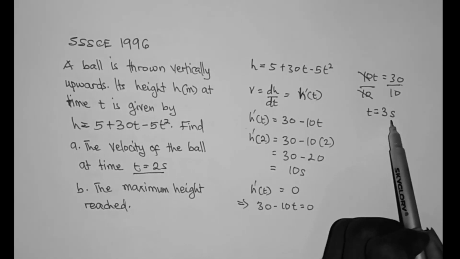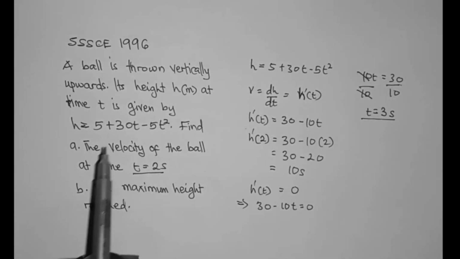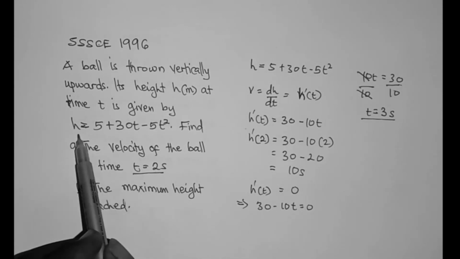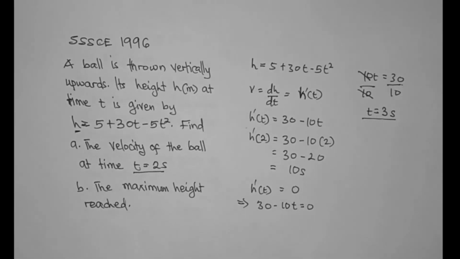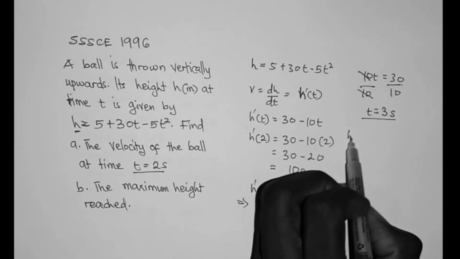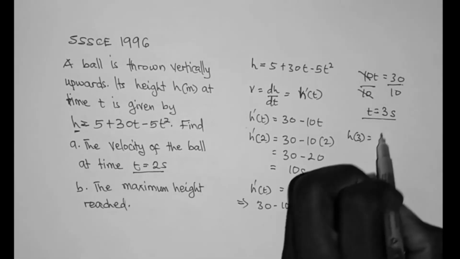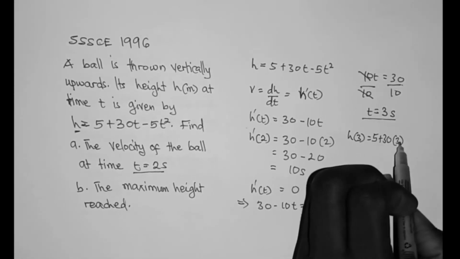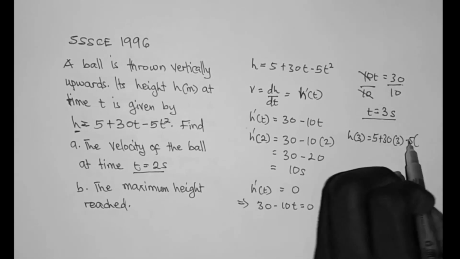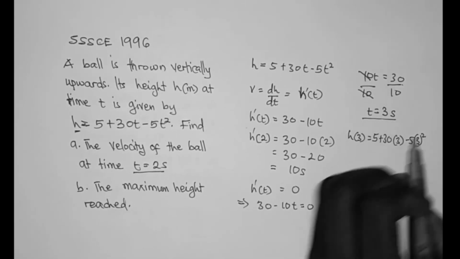So we then have to take this t equals 3 seconds and put it back into the original equation of the height and then find the maximum height. So that is just equivalent to finding h of 3, and that is equal to 5 plus 30 times 3, minus 5 times 3 squared.